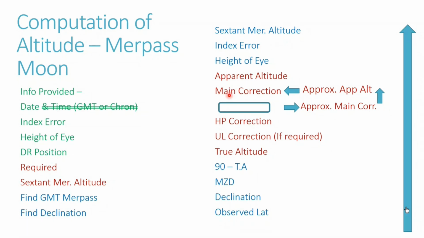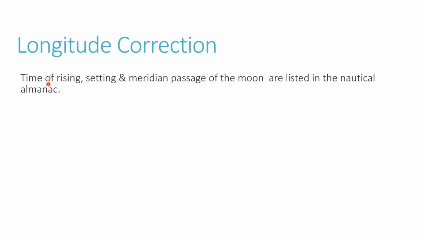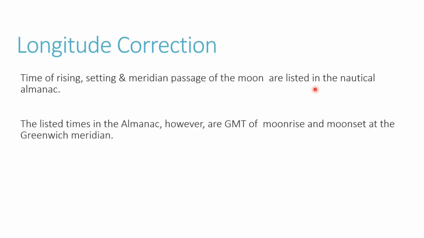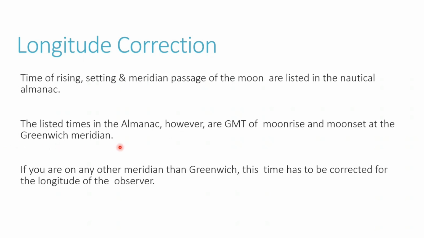So this completes the computation of altitude of the moon. Okay, so moving on to the longitude correction. We know that the times of rising, setting and meridian passage of the moon are listed in the nautical almanac. Now the times listed in the almanac are actually the GMT of the moonrise or moonset or meridian passage of the moon at the Greenwich meridian.